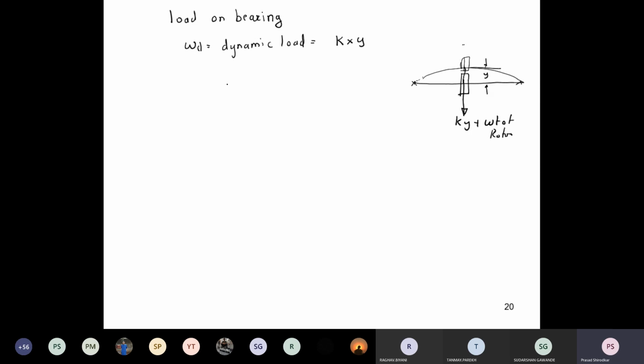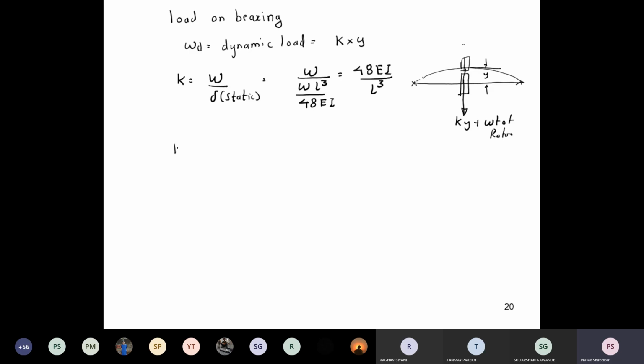Stiffness K is equal to load by static deflection. That is equal to W divided by WL cube divided by 48 EI, which is equal to 48 EI divided by L cube.